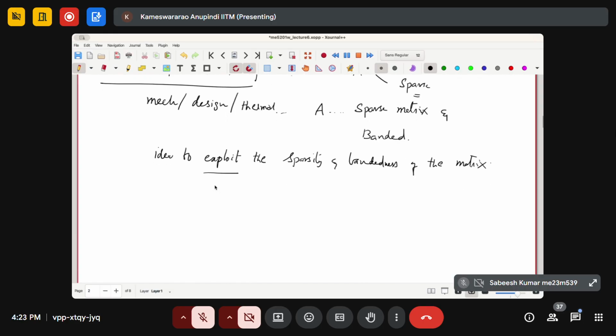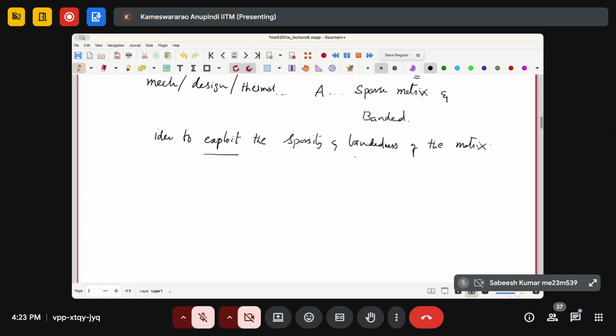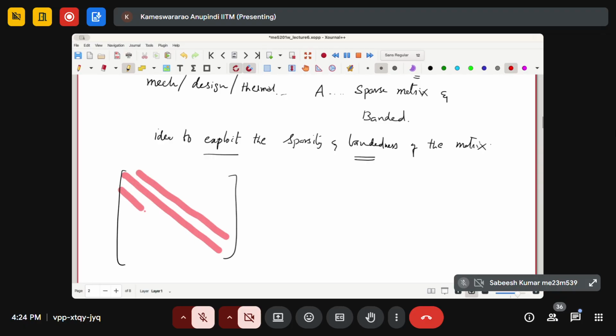Now, one good example of this is a banded matrix. A banded matrix will look something like this. It will have non-zero elements only along the diagonals. That means it will have non-zero elements along the main diagonal, along the super-diagonal, and along the sub-diagonal.